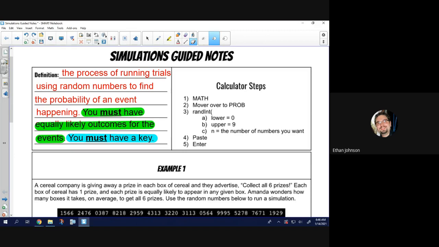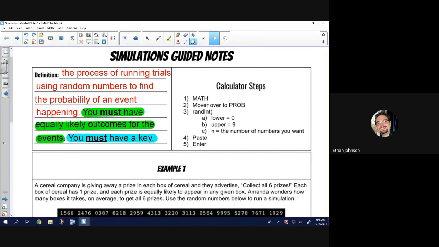One of your options says randInt, and then it's going to ask you three questions. It's going to ask you for your lower, your upper, and your n. For this class, we're always going to set our lower to 0 and our upper to 9. Basically meaning that the random numbers that we're going to be generating are going to be 0, 1, 2, 3, 4, 5, 6, 7, 8, and 9.